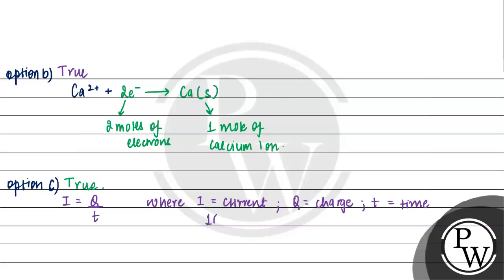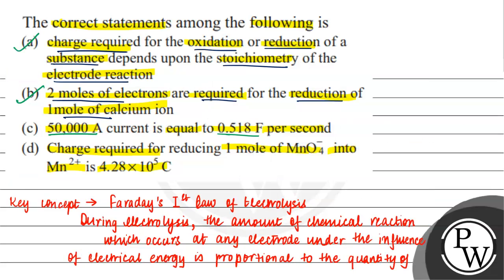And we know that 1 Faraday is equal to 96500 coulombs. So if we want to convert 50,000 ampere into Faraday per second, we will divide it by 96500, which comes out to be 0.518 Faraday per second. So this statement is also true, and option C is also correct.